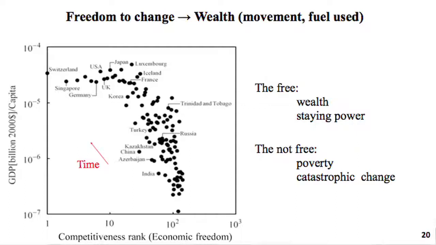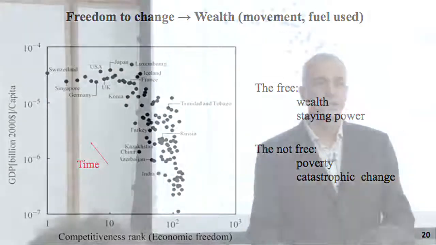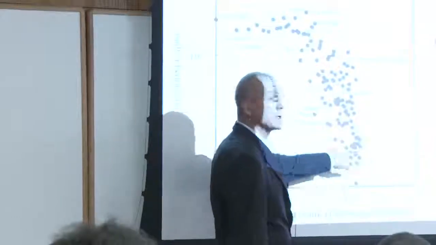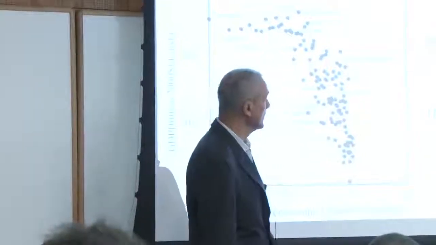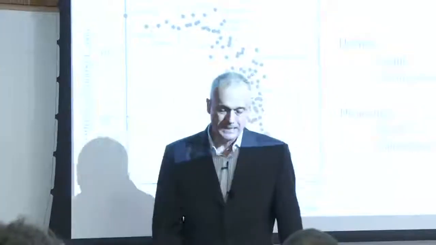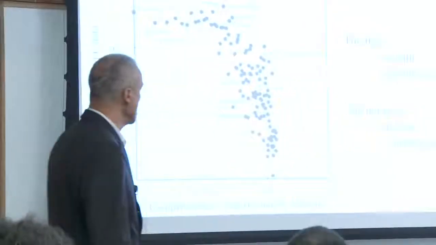The world is of two kinds. Places characterized by wealth and freedom. Those are characterized by wealth and staying power, or peaceful change. And then the rest, which would like to be like the former, which are in fact characterized by the complete opposite, which is poverty and catastrophic change.